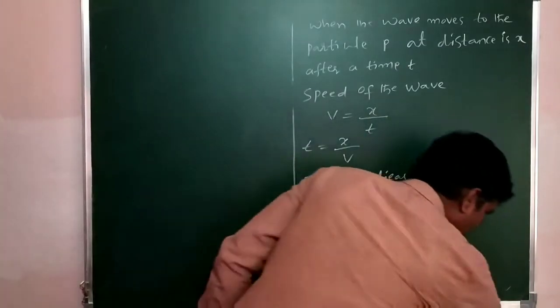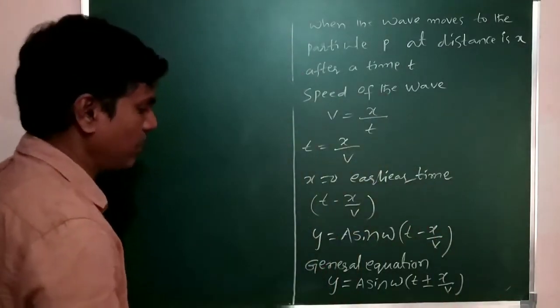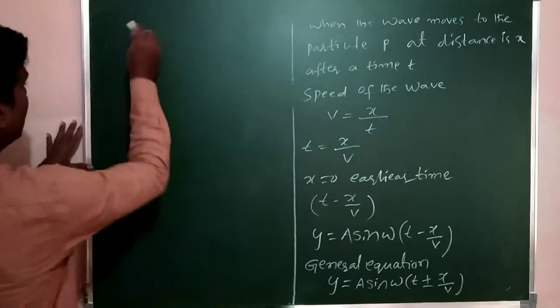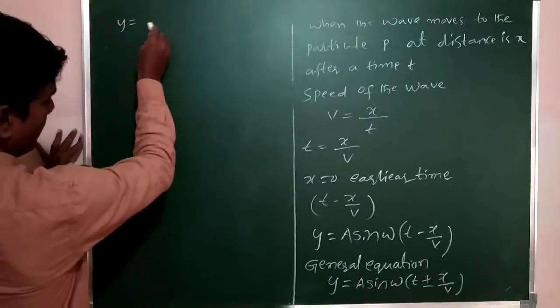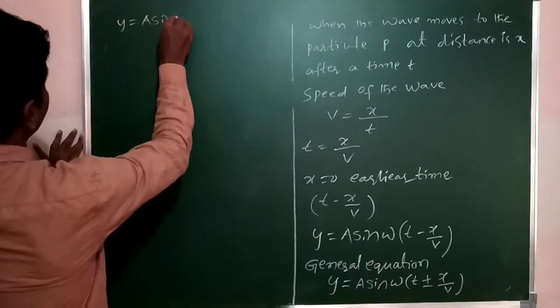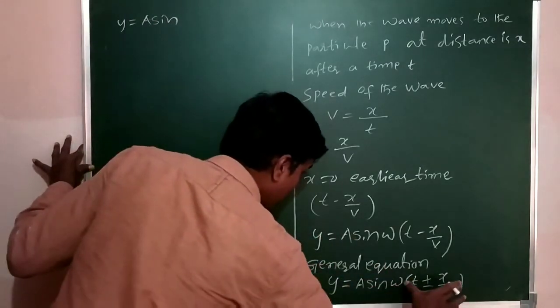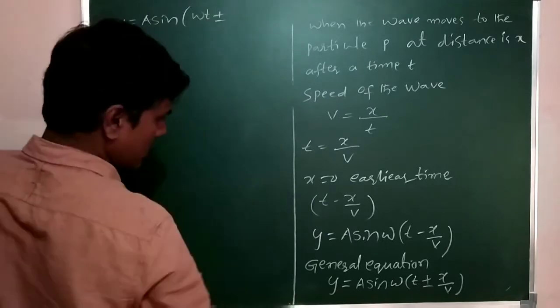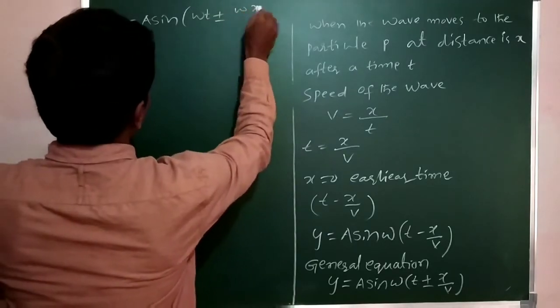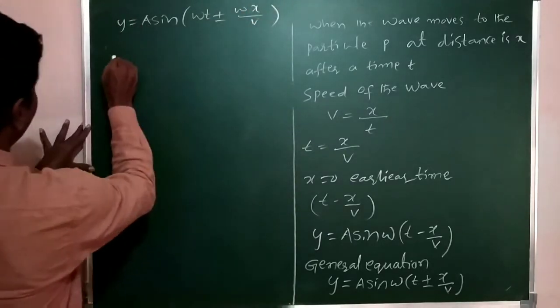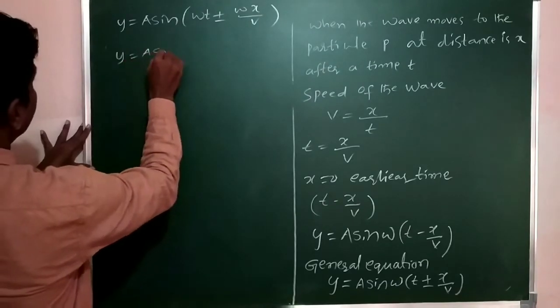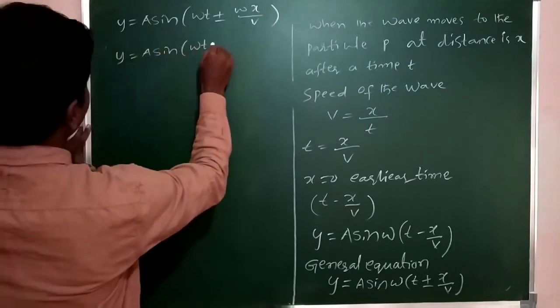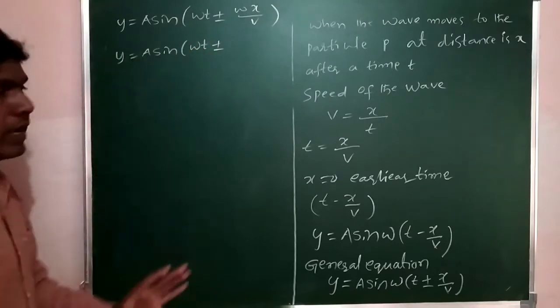How to modify this displacement equation? Omega is multiplied with both terms: y equal to a sin omega t plus or minus omega x by v.